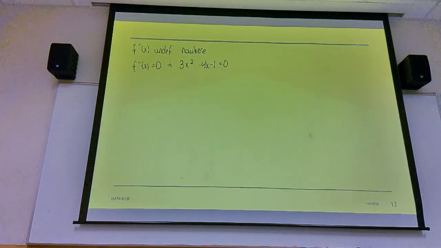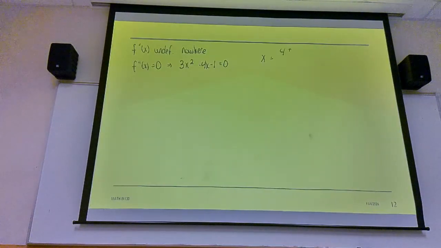We have solutions. We have distinct solutions. Can that be factored nicely? Nope. So we have to use what? The quadratic formula.